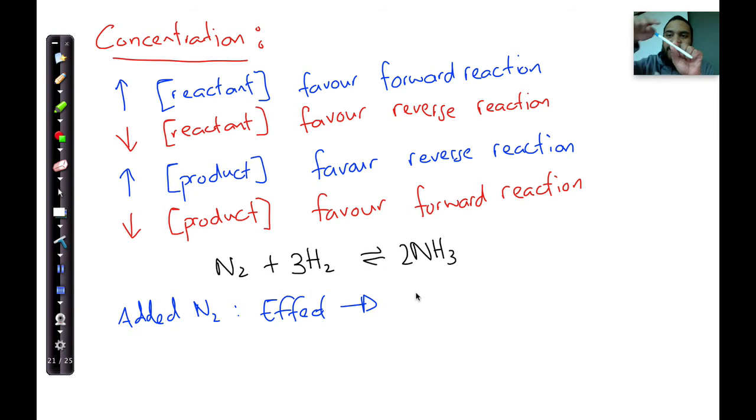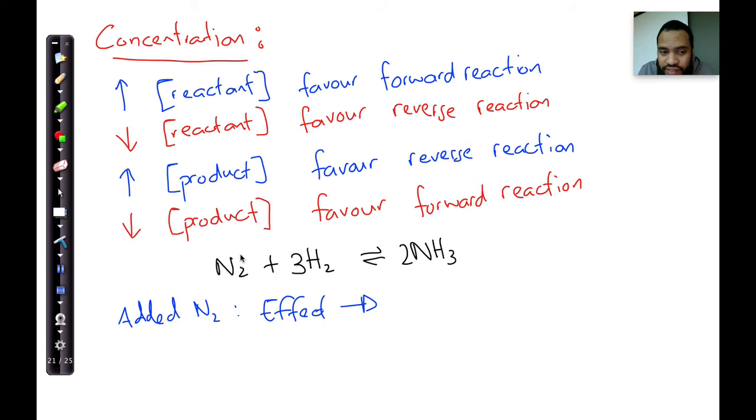In the effect of downing the concentration, it has to use up more of the hydrogen that it reacts with, and it's going to happen quicker. If it uses up the hydrogen, it means that this is going to decrease. Initially, this will increase because you've added it, but then eventually it will decrease because it's getting used up. And it's also reacting with this, so this also has to decrease.